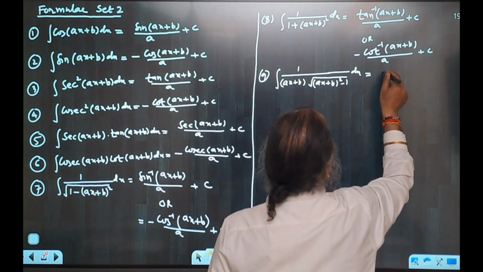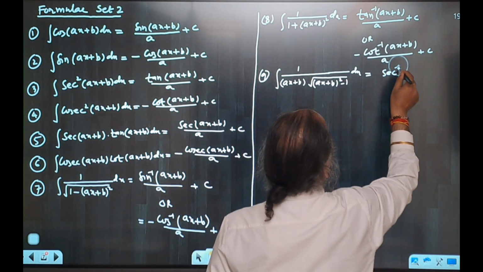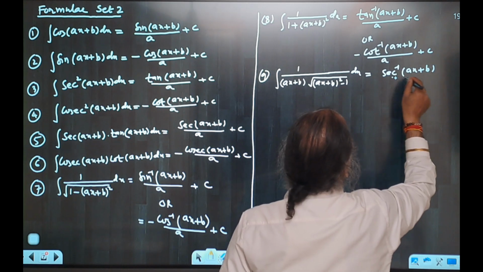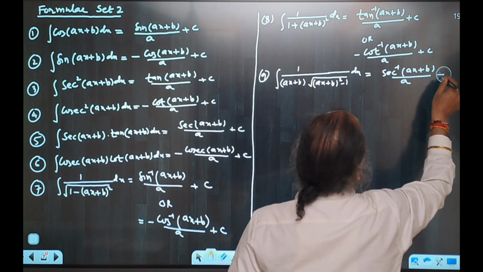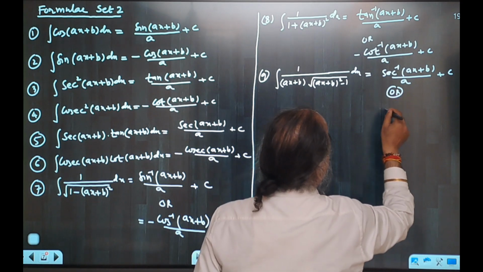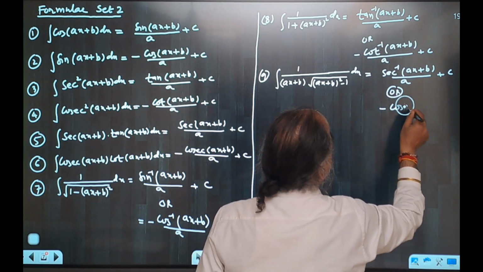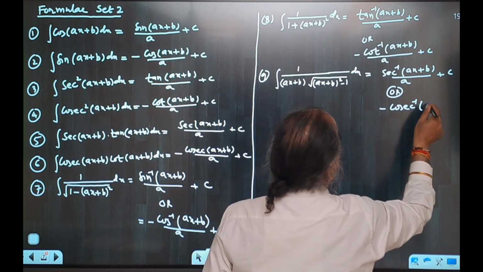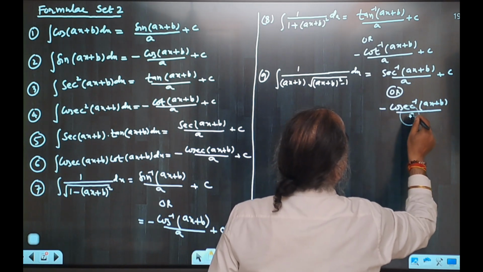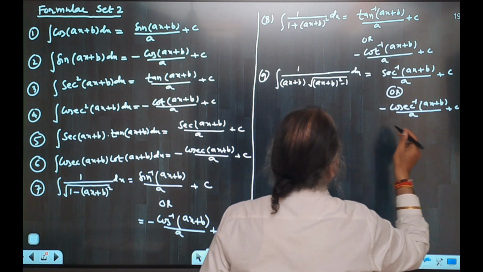It is either sec inverse of (ax plus b) upon a plus c, or minus cosec inverse of (ax plus b) upon a plus c.